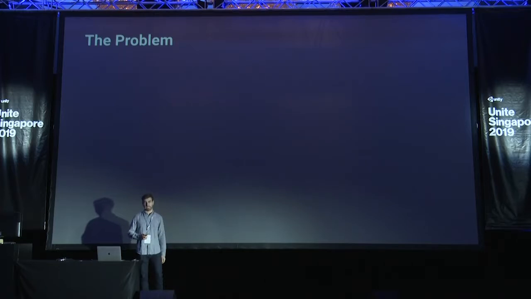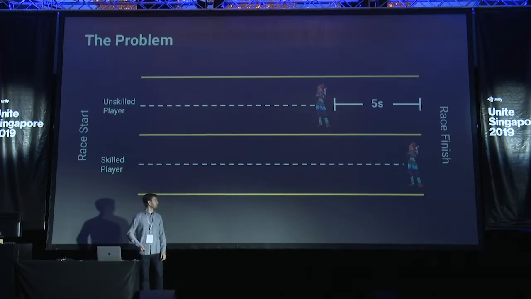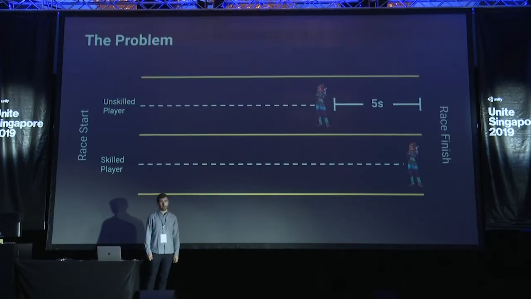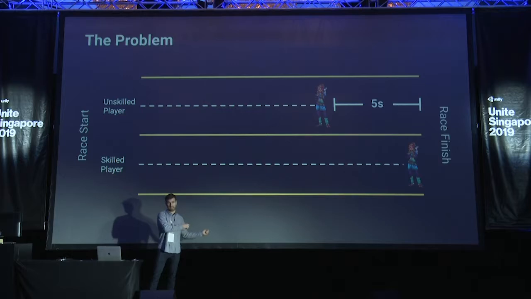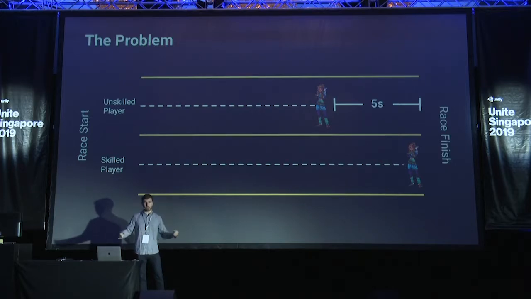Let's go into more detail on the first problem. This is a problem that's often called rubber banding in racing games. It's called rubber banding because the player behind often gets a rubber banding effect where they get sped up proportional to how far away they are from the front runner.